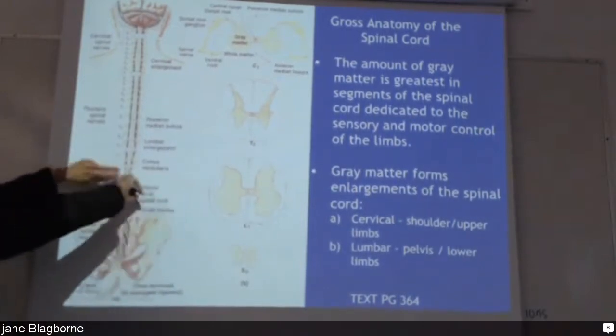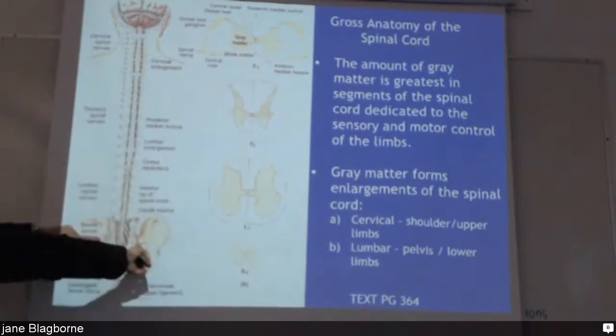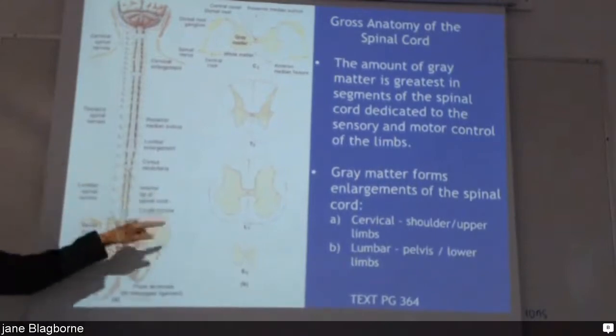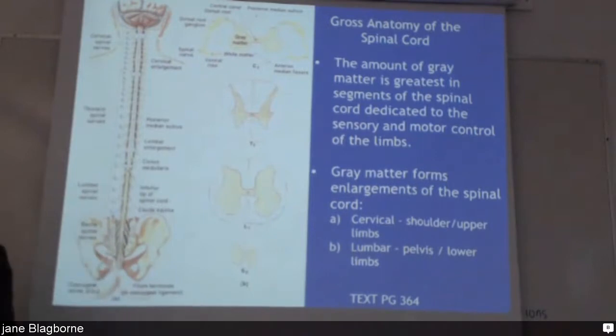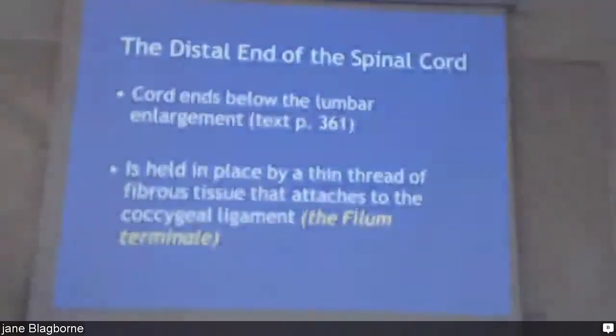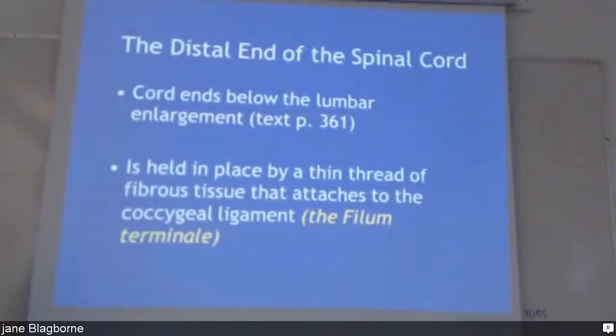They branch out of the spinal cord, and that's why they call it a horse's tail. It looks like a horse's tail. And it does give you your textbook number on there if you want to put that in notes to refer to it.